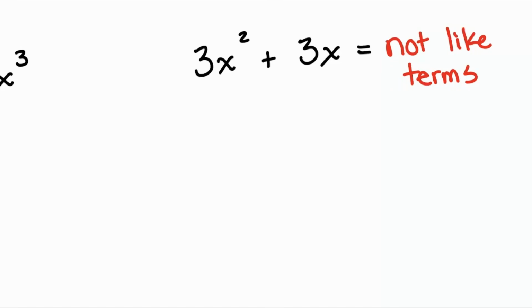Here's another one. Let's go ahead and say we have 5x cubed plus 4x cubed, everybody. Are these like terms? Oh yes, these are indeed like terms. Here we are going to have x and x. Cool, same variable.